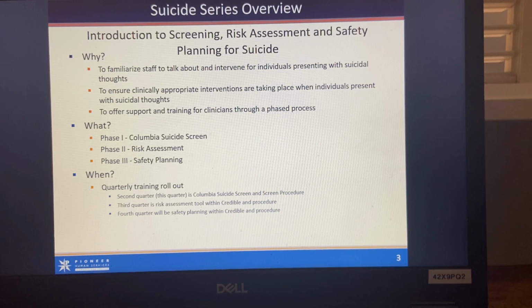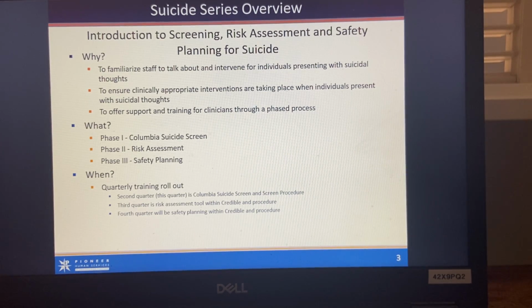In order to familiarize everyone with those procedures, this training is being taken place so that staff can have an understanding of what and how to complete the Columbia scale, as well as develop an understanding and comfortability in having a conversation with clients about suicide prevention.